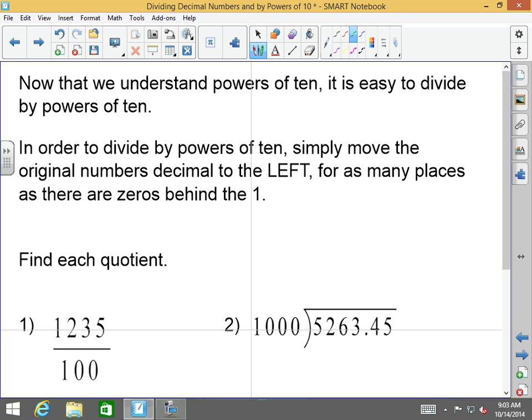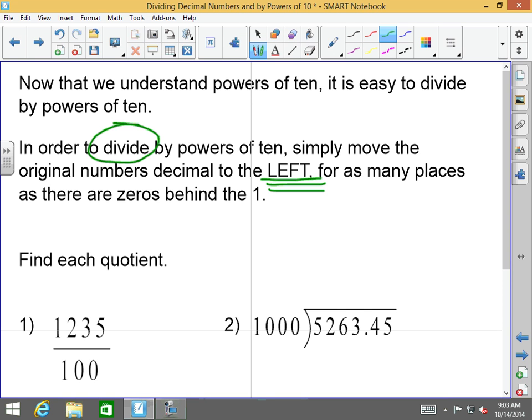But today we're doing division. So in order to divide by powers of 10, guys, it's the opposite of multiplication. Simply move the original number's decimal to the left for as many places as there are zeros behind the 1.